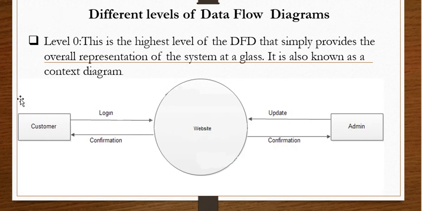Let's talk about different levels of data flow diagrams. Level 0 is the highest level of the DFD that simply provides the overall presentation of the system at a glance. It's also known as context diagram.